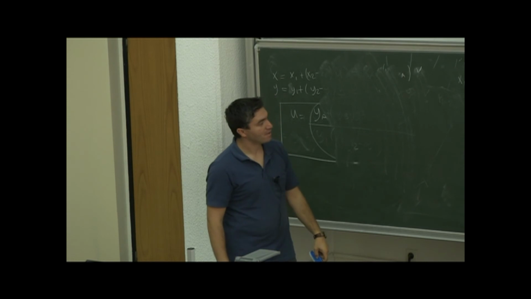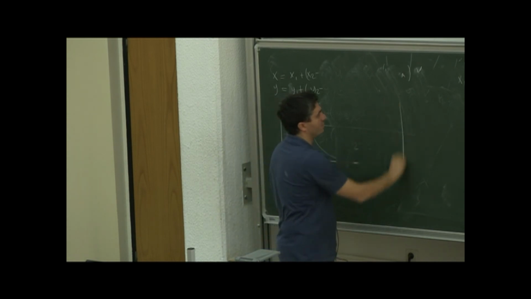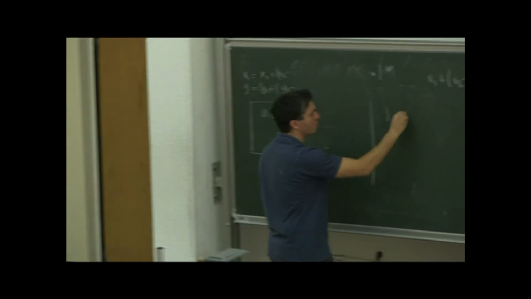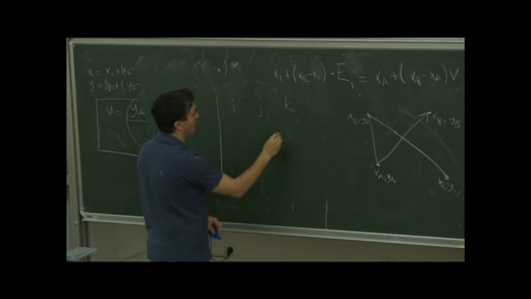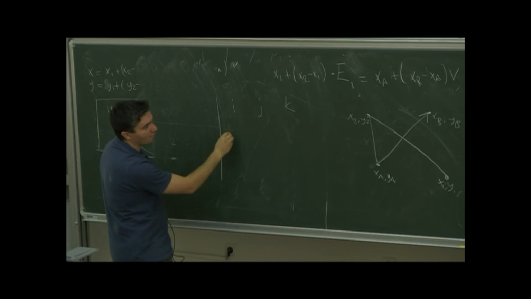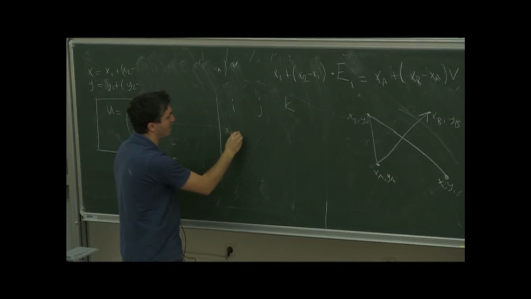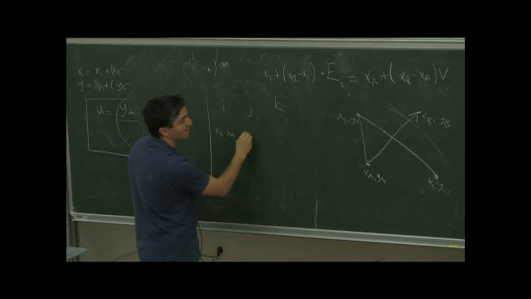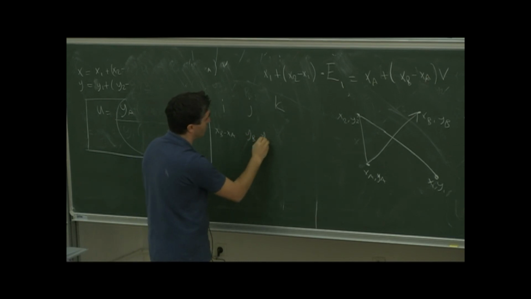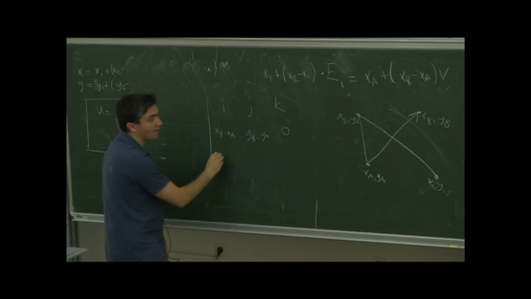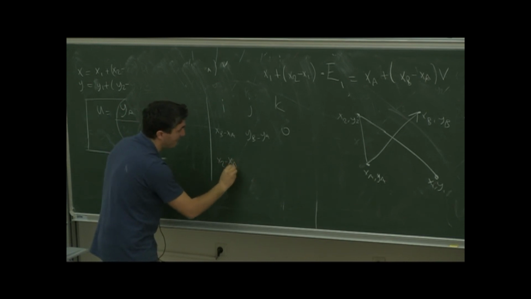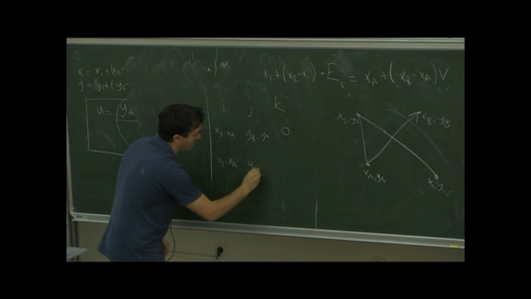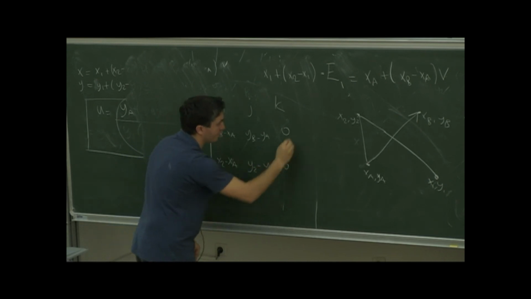Now, the cross product i, j, k, I have xb minus xa, yb minus ya, 0, and x2 minus xa, y2 minus ya, 0.